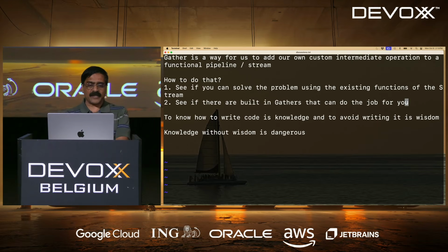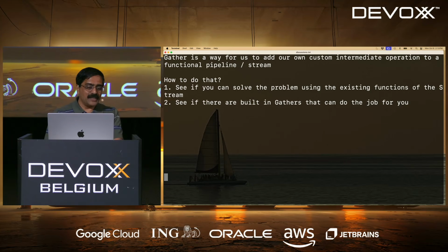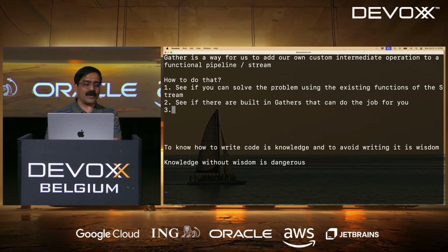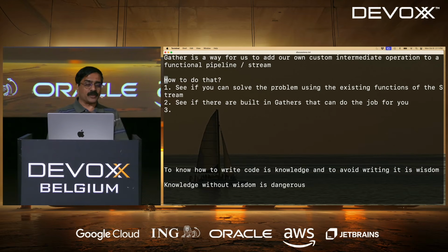So the point is, see if there is a built-in gatherer that can do the job for you. You say, you know what? I don't see a built-in gatherer. I cannot implement this using any of the traditional functions of the API as well. What should I do? I've got to implement this business logic.